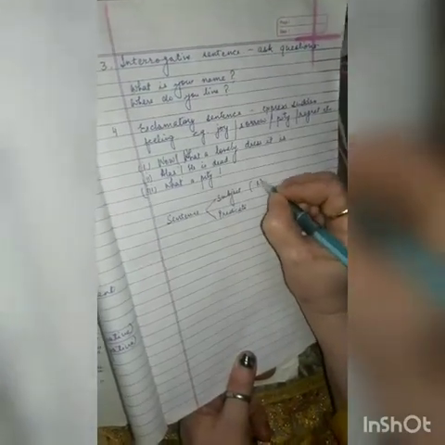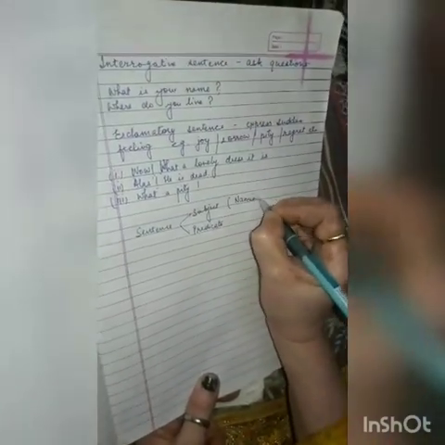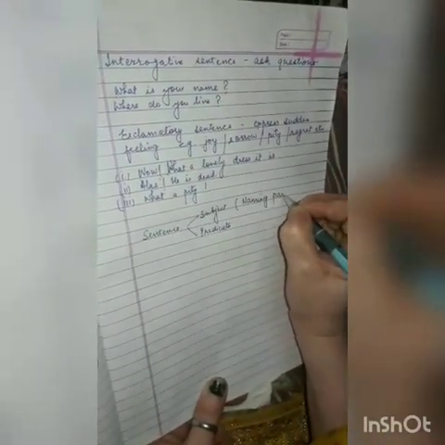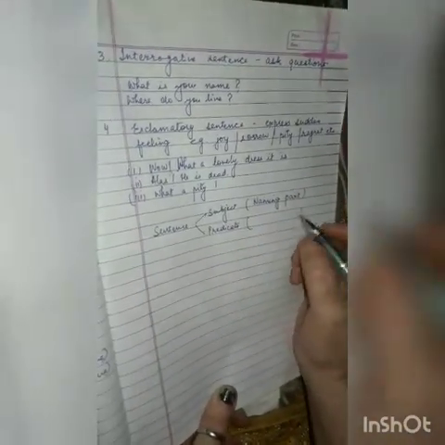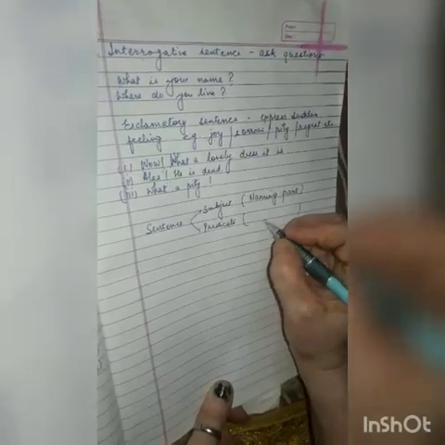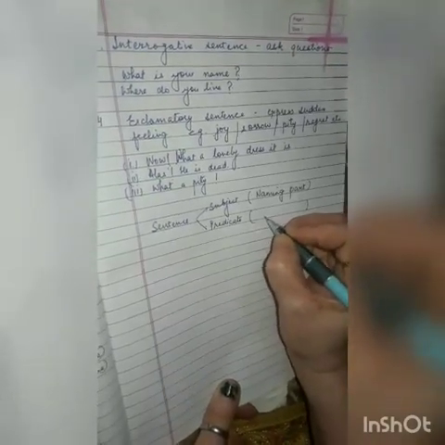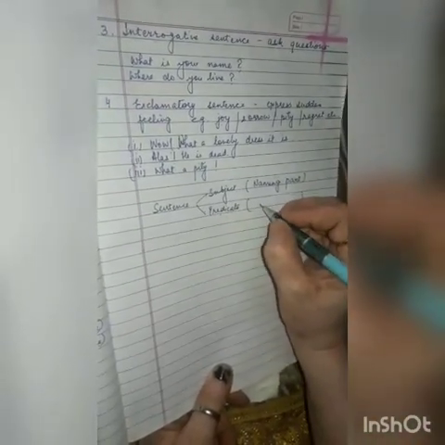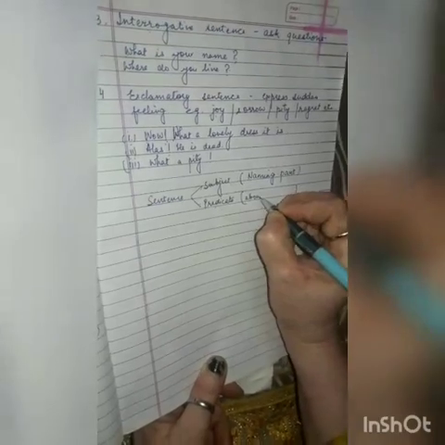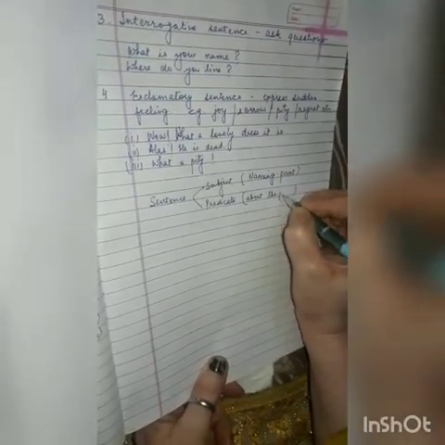Subject is the naming part in a sentence. And predicate is the part which tells us something, that something is said. The part which tells something about the subject is called predicate. It tells about the person.